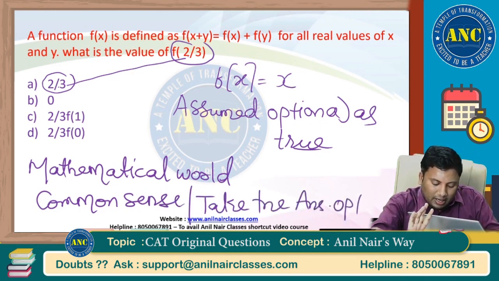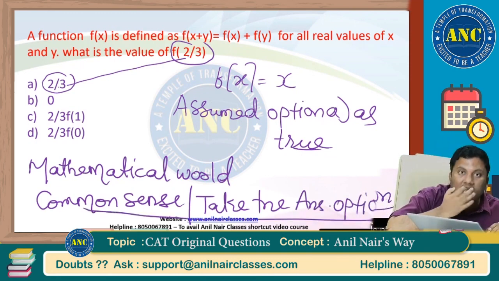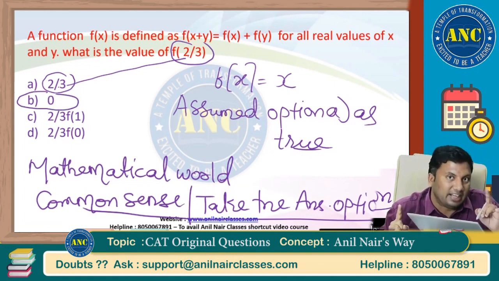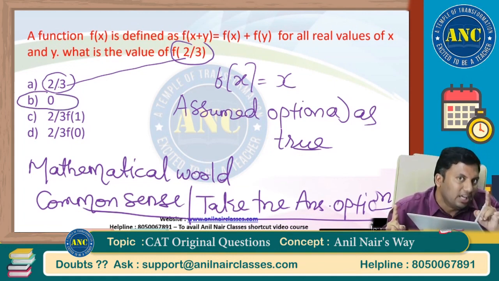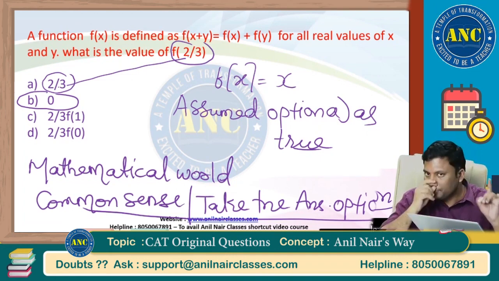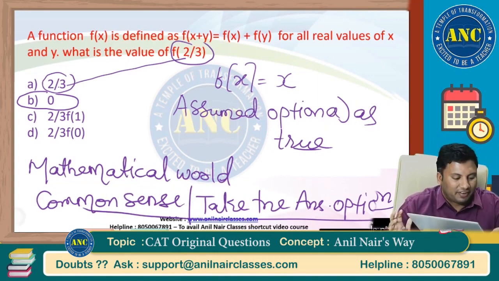However, what you said is also right. There is a constant function possibility if you take option B as right, because I have taken option A as the first point of reference.